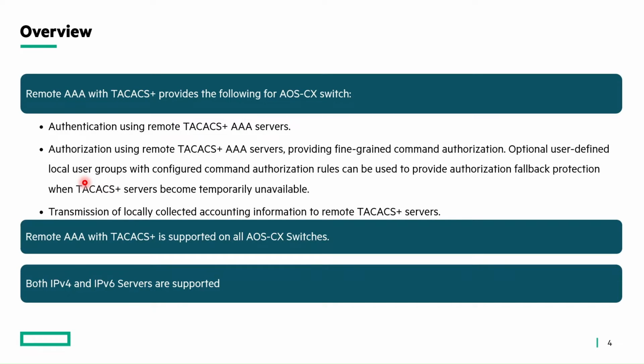Optional user-defined local user groups with configured command authorization rules can be used to provide authorization fallback protection when the TACACS Plus servers become temporarily unavailable. Transmission of locally collected accounting information to the remote TACACS Plus servers. The remote AAA with TACACS Plus is supported on all the AOS-CX switches, and it supports both IPv4 and IPv6 TACACS servers.